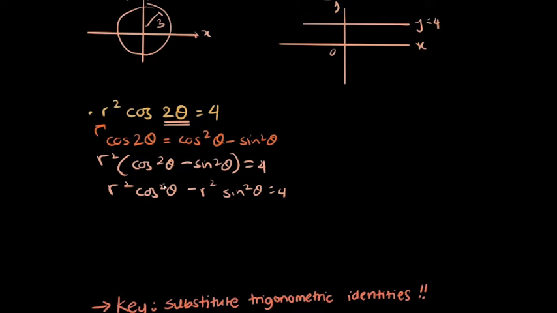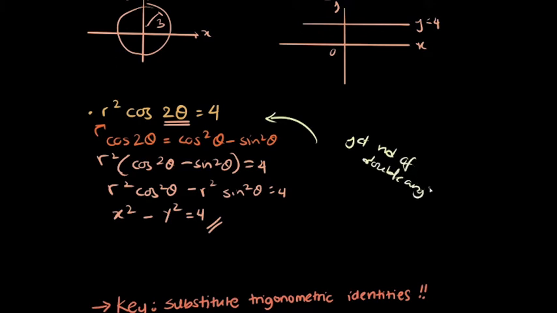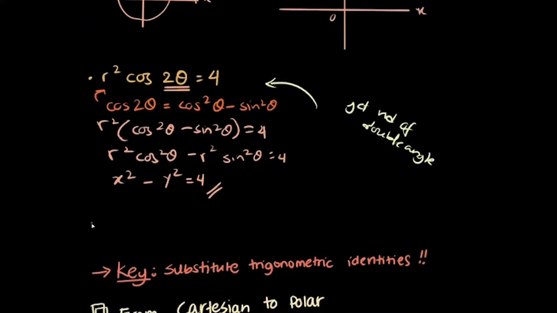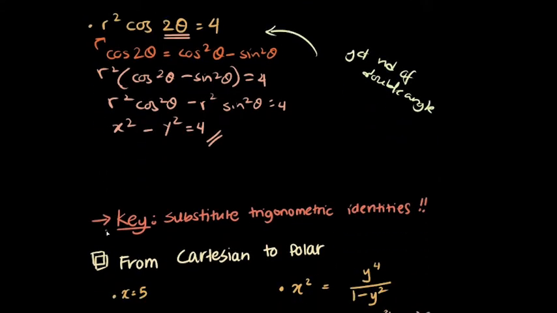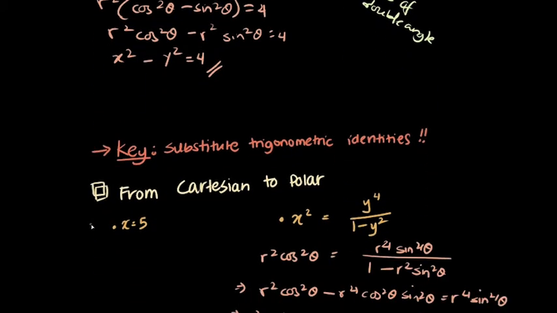And if you take the squares out, you have r cos theta, which is basically x, squared, minus r sin theta, which is y, squared, equals 4. That's all. Basically, you need to know that you have to get rid of the double angles. And the main deal here is to substitute the trigonometric identities as necessary.